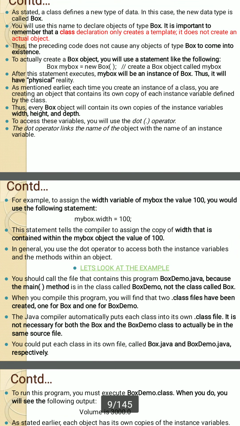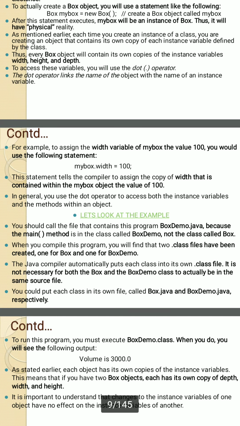Once you compile the program, we have two classes, the Box class and the BoxDemo class. The Java compiler automatically puts each class into its own .class file.